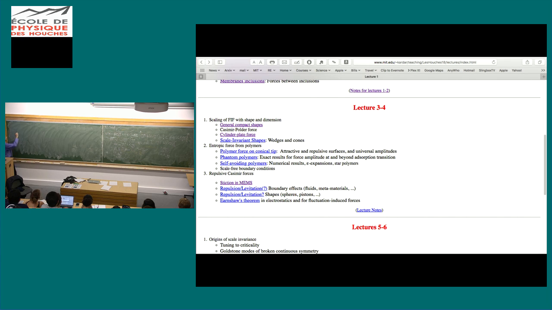And so let's do the dimensional analysis for some object. I drew it like a sphere, but it could be any object that has some characteristic dimension A. And I bring it next to a surface. And I had this nice experiment of the colloidal particle close to a glass surface.